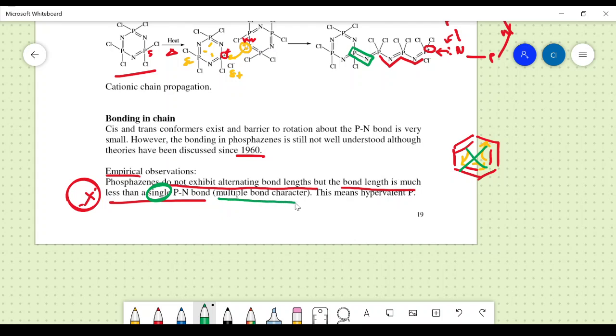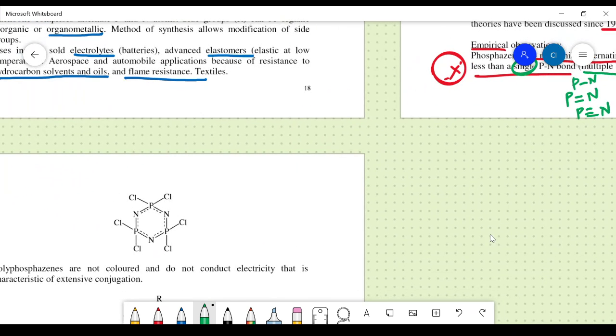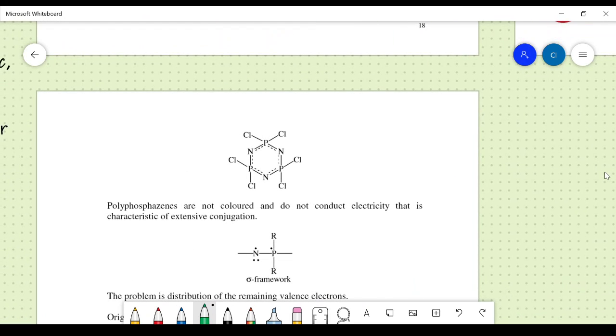So it is supposed to have a multiple bond character. That means you can have P double bond N and even P triple bond N. So it may exist in between these two, or P single bond. So it's a hybrid of these, and it depends on the type of substituents you're making. That means the hypervalent phosphorus atom is capable of this.